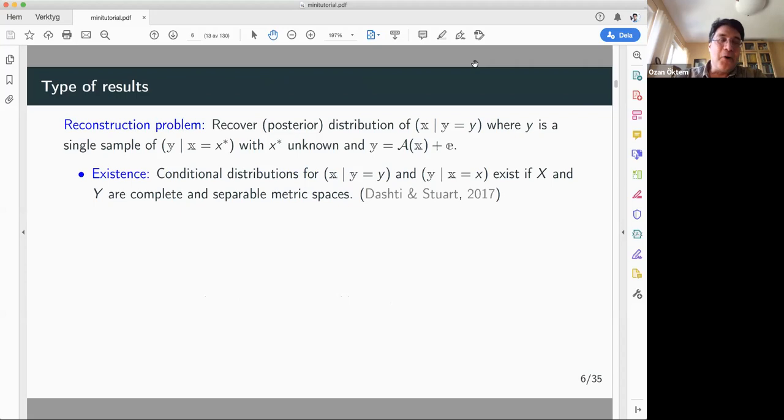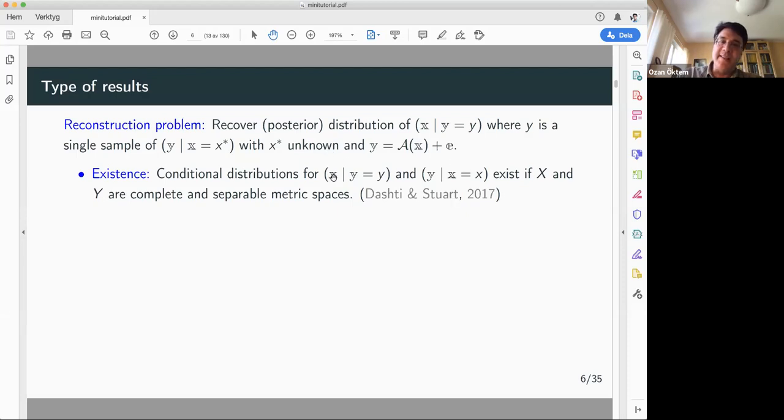So going back to the original inverse problem in the Bayesian setting, where you really go for the posterior, and just disregard for the time being all computational headaches. Just think of this as a theoretical question. Of course, existence here roughly refers to the situation where the conditional distributions for these conditional random variables exist at all.